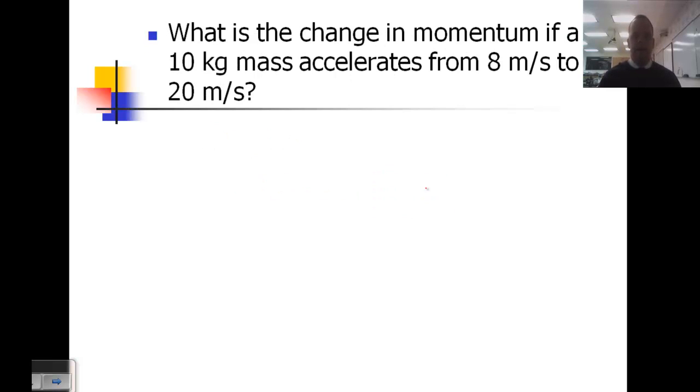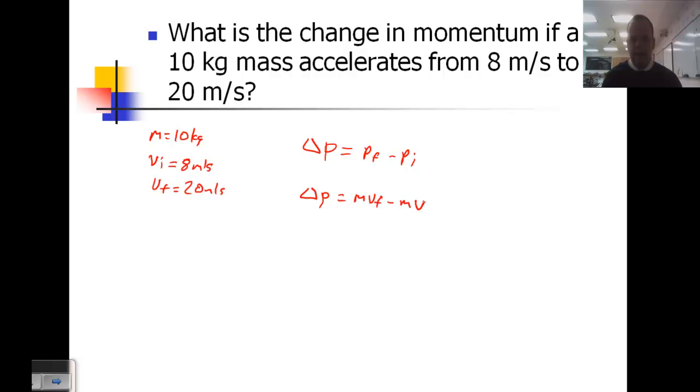Second one, what is the change in momentum if a 10 kilogram mass accelerates from 8 meters per second to 20 meters per second? So we know the mass, 10 kilograms, the initial velocity, 8 meters per second, and the final velocity, 20 meters per second. We're looking for the change in momentum, so that's going to be final momentum minus initial, which will be the same thing as mass times final velocity minus mass times initial velocity.